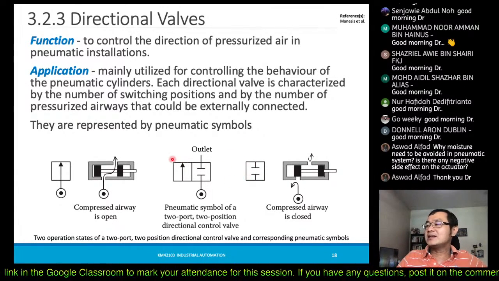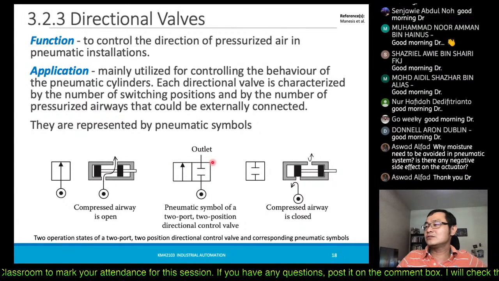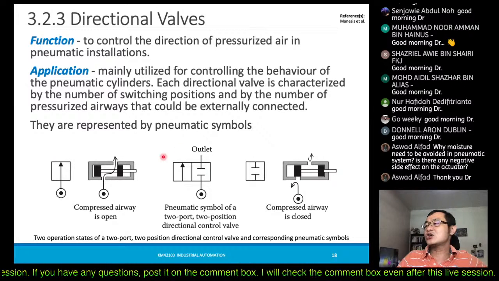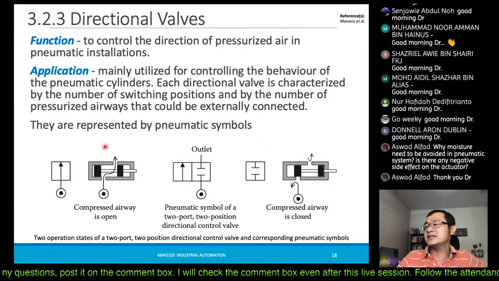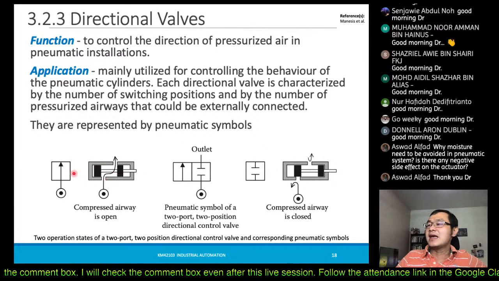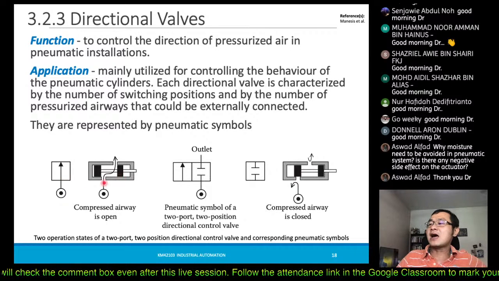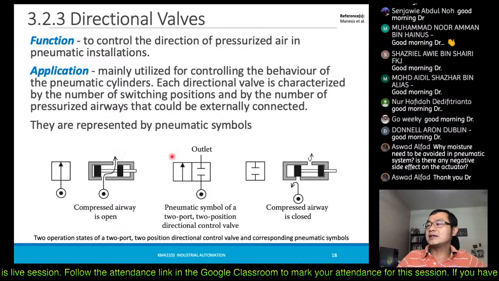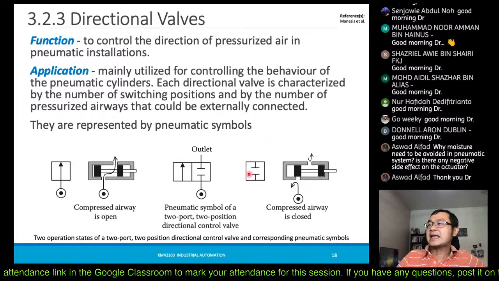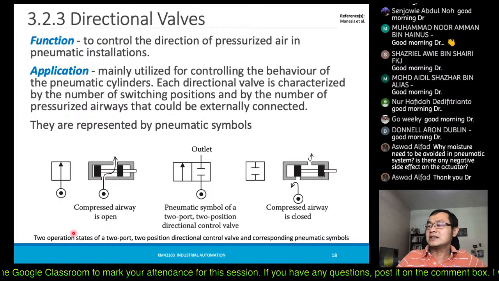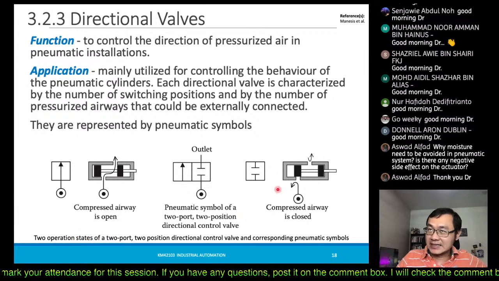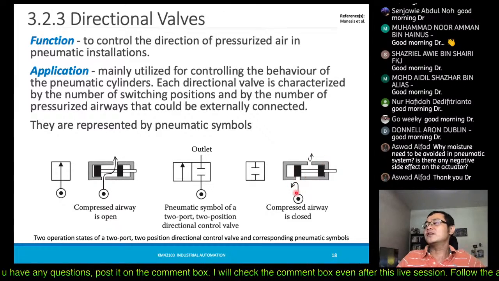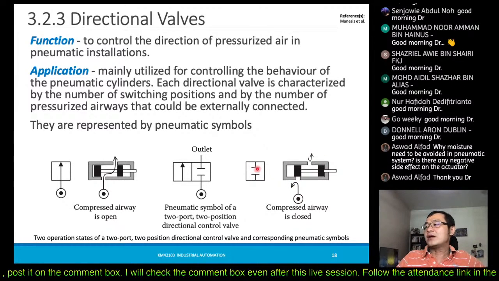When we combine this, it represents the functions of this piston itself. At certain points it allows the air to flow from one port to the other. In another operating state, it will block the flow of the air, so we have this block.